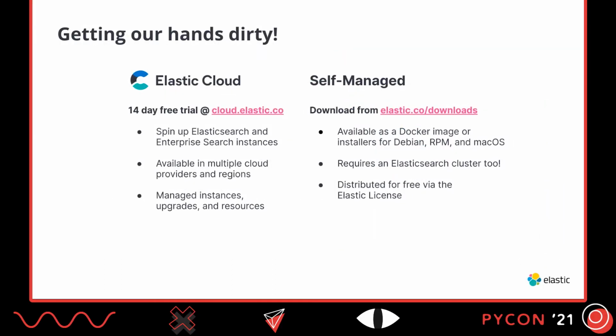All right, so from here on out, we'll be needing a live instance of Enterprise Search to work with. There are a couple of options when it comes to starting an Enterprise Search instance that are covered in more detail in the workshop materials. The two options are either hosting an Enterprise Search instance in Elastic Cloud or starting your own self-hosted instance locally. Elastic Cloud is what I'll be using today to deploy an instance for all of the demonstrations in the App Search UI.